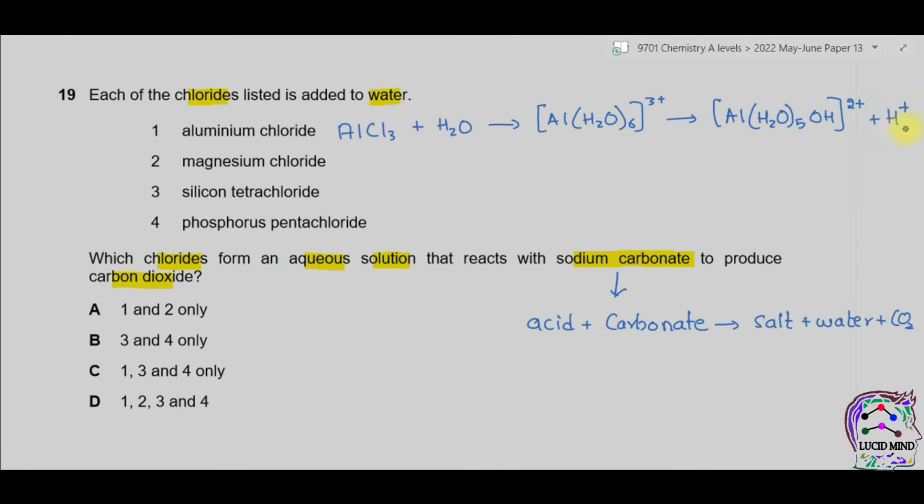So this H+ makes the solution acidic. So part 1 can react with carbonate because it is an acidic solution.